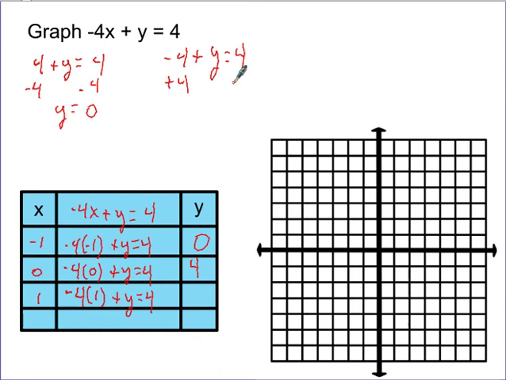Add 4 to both sides. y equals 8. So our points are negative 1, 0; 0, 4; and then finally 1, and this is 4, 5, 6, 7, and 8 goes off the graph.